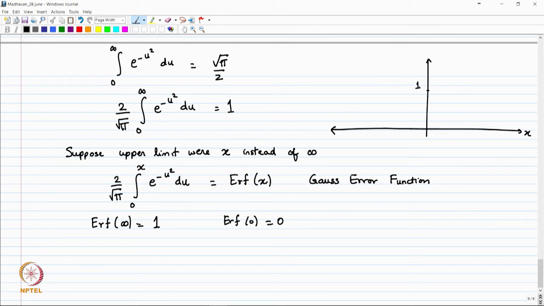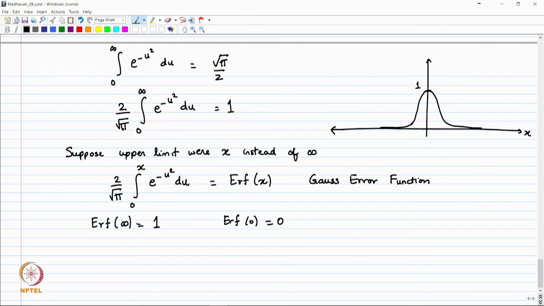Now as a function it looks like this. A Gaussian function has slope 0 and then it comes down very rapidly and goes to 0. Unlike an exponential function, which has a cusp, a Gaussian function is flat at u equal to 0.